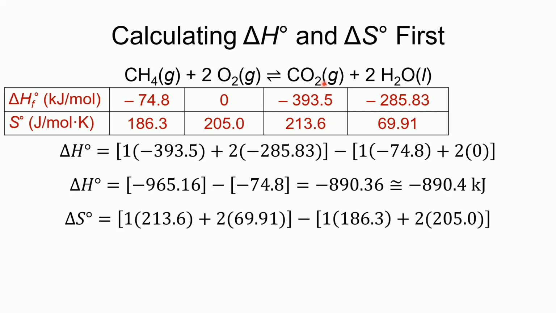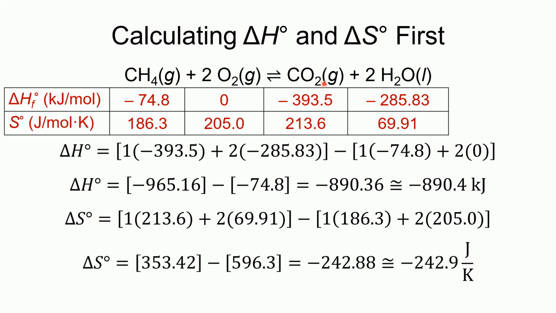So here we go. Delta S, again, products minus reactants. I'm not going to go through the details of the calculation other than to say I did double check these. And then there is the difference, and you'll see that we do indeed get a negative value for delta S, negative 242.9 joules per Kelvin. So that is our quantity for the delta S.